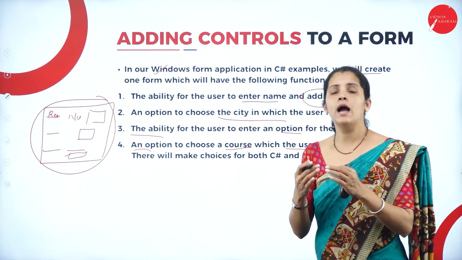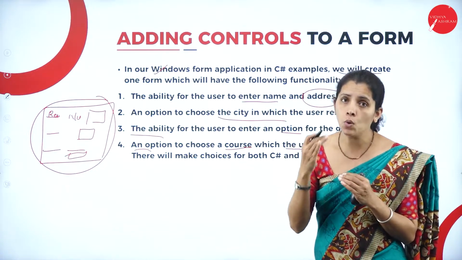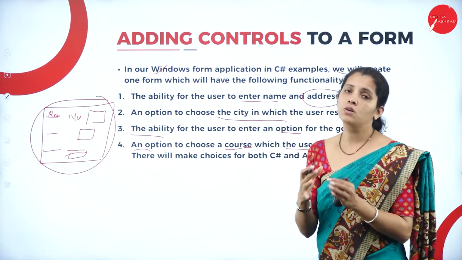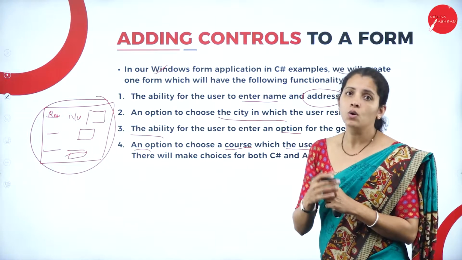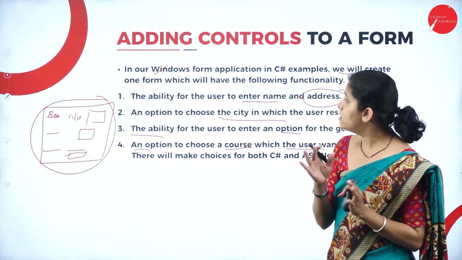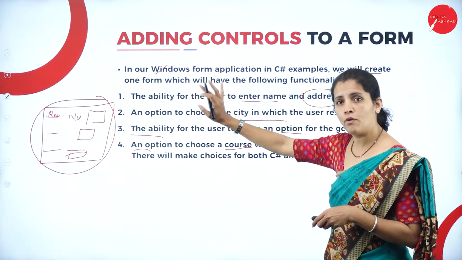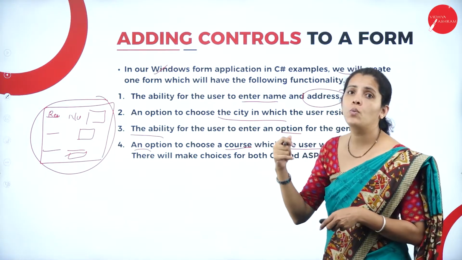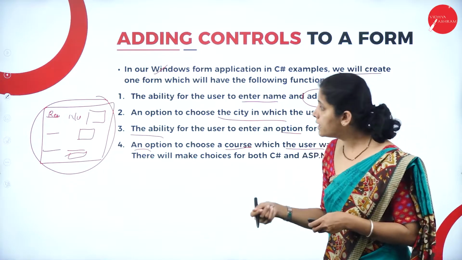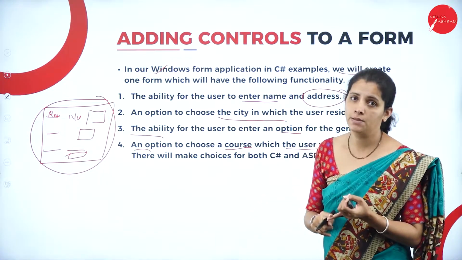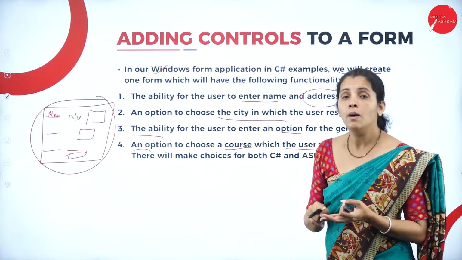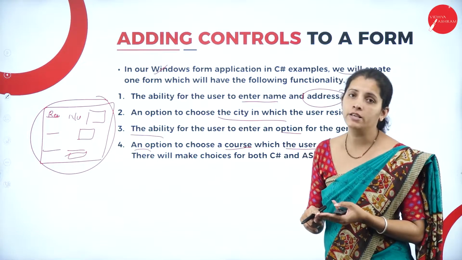In the sense, you have to list certain courses, and in that, the user wants to select a particular course. I want to design a form. Along with that, I want to control the form. In the sense, I want to provide the controls. For that, I'm going to have the text box, label, radio button, checkbox, etc.